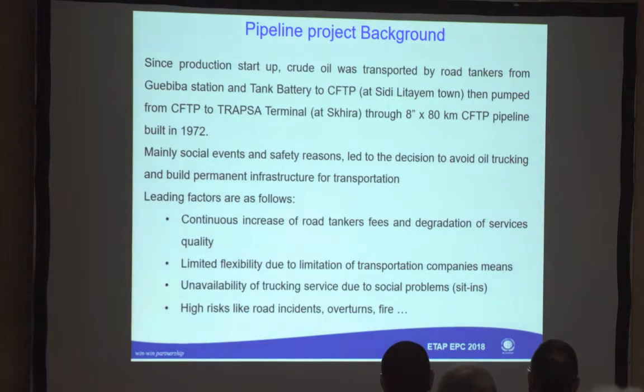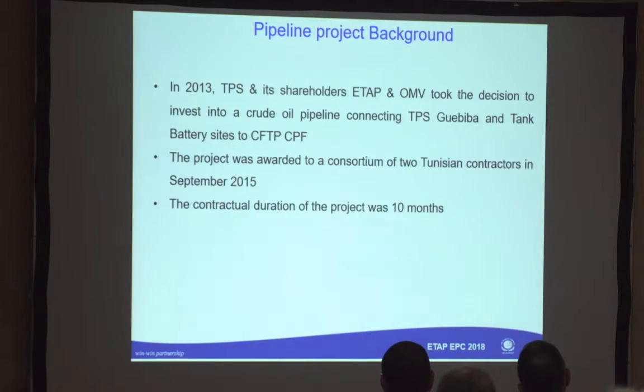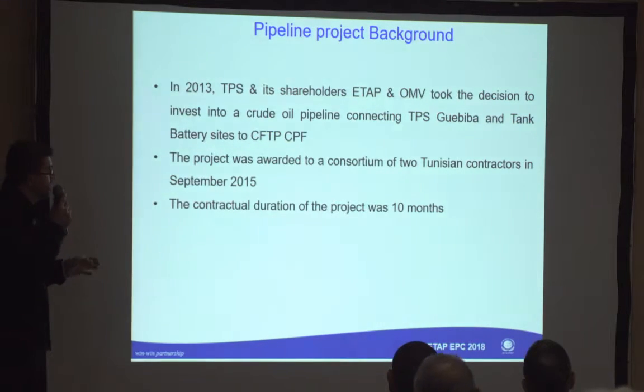All these factors led to the decision to build a pipeline to stop trucking of crude oil from TPS CPFs. So in 2013, TPS and its shareholders, ETAP and OMV, took the decision to invest in a crude oil pipeline connecting the TPS Gbiba station and tank battery site to the CFTP CPF.